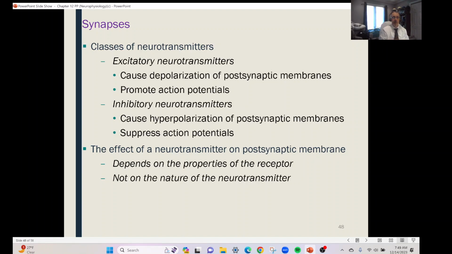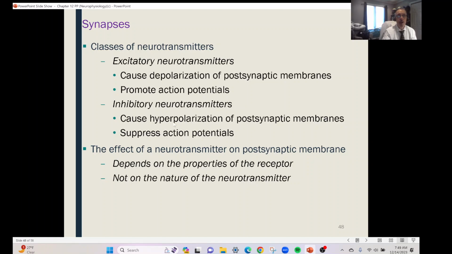Excitatory neurotransmitters cause depolarization of the postsynaptic membranes, and they promote the formation of the action potential, the nerve impulse. However, inhibitory neurotransmitters cause hyperpolarization. They cause the inside of the cell to become more negative, further away from threshold.